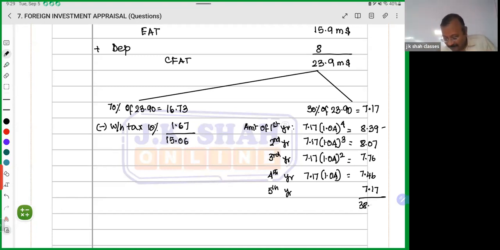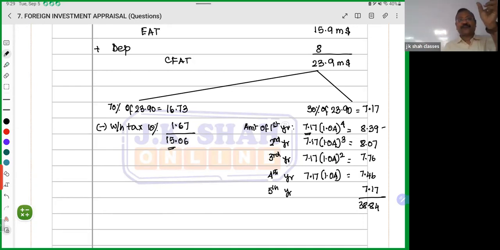Okay. Which means at the end of fifth year, you will be repatriating the fifth year's 15.06 plus this 38.84. But then remember, this 38.84 comprises your earnings and earnings on earnings, because this 7.17 is what?